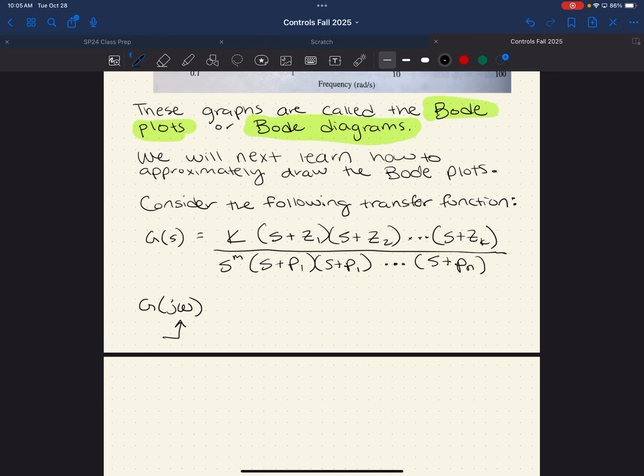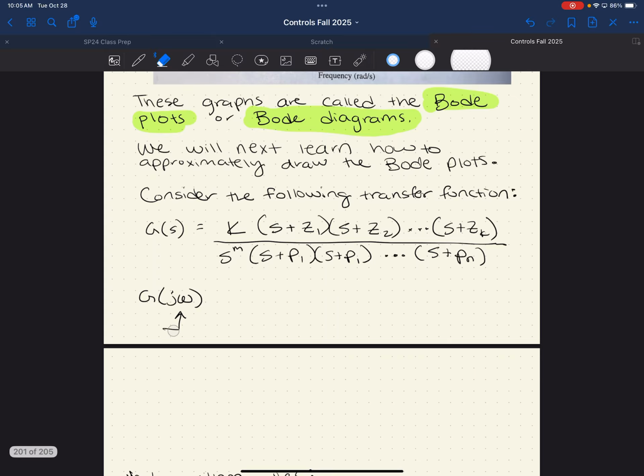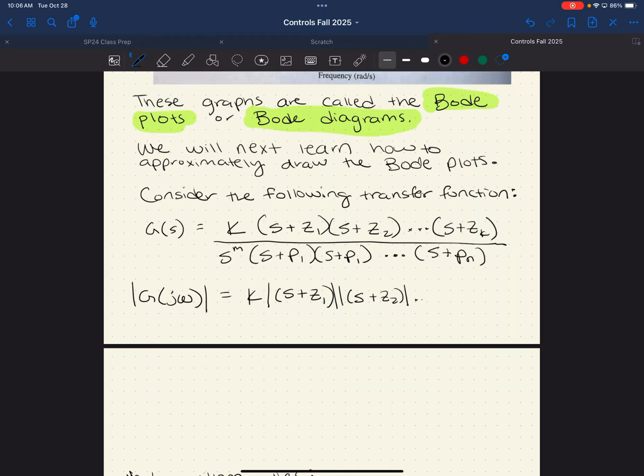Okay, so if I plug in j omega and I take the magnitude of this response, I'll have something that looks like k and then the magnitude of whatever imaginary number I get for plugging in j omega plus z1 times the magnitude of that second zero. Would you not already replace s with j omega at this step, though?